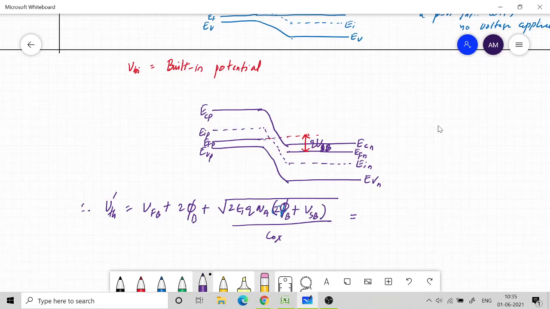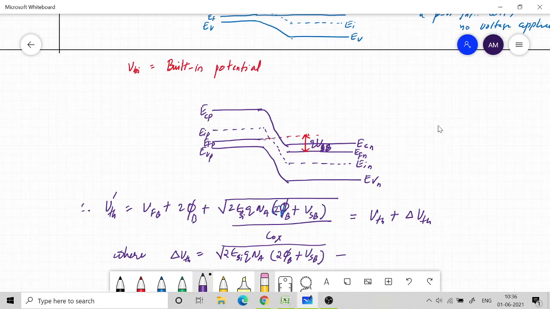If I take the difference between the two, that means delta VTH, so the earlier voltage VTH plus delta VTH, I can write in this manner, where the difference delta VTH is given by square root of 2 epsilon silicon q Na times 2.5B plus VSB, divided by Cox.